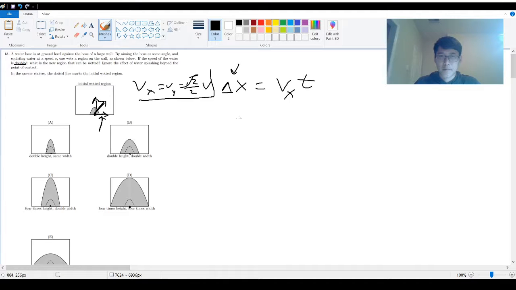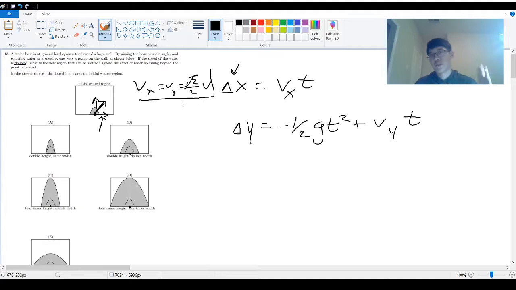So the time it spends in the air: if we look at y, the change in y is equal to negative 1/2 g t squared plus vy t, right? But if we're talking about the entire time it takes for it to fall down, the change in y is going to be 0.